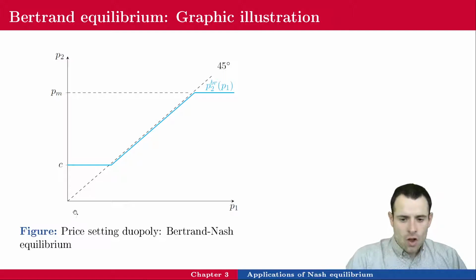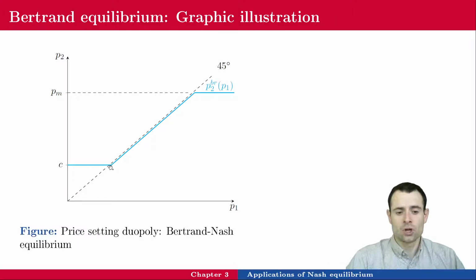First thing is, when firm 1 charges a price which is lower or equal to C, so this range, firm 2 doesn't want to undercut firm 1. Firm 2 wants to charge a price equal to the marginal cost. So the best response will be flat, marginal cost, all the way. Because any price lower will not do.